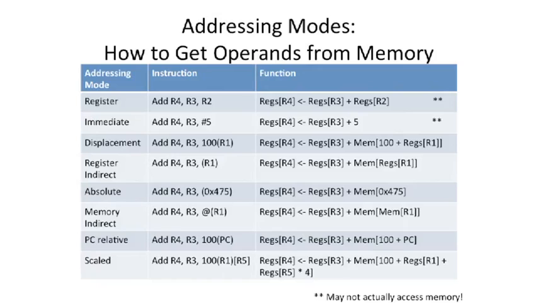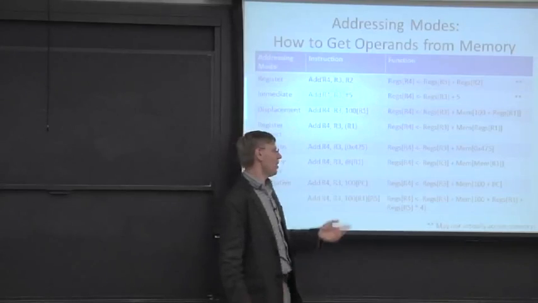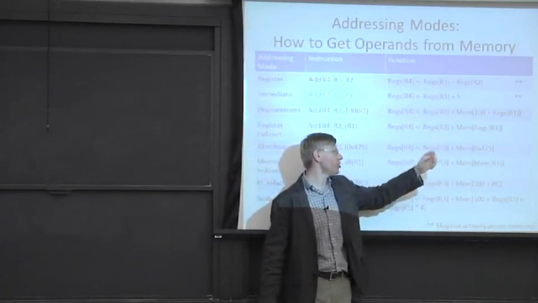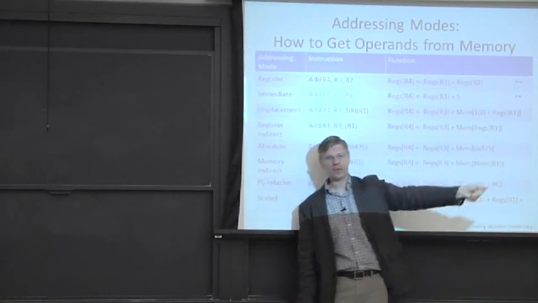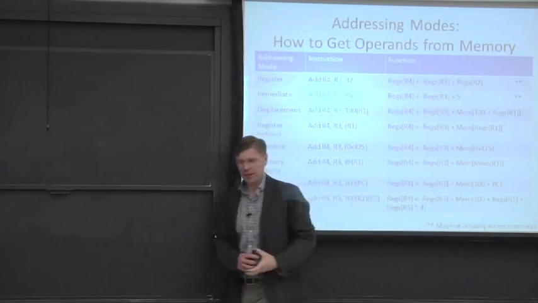You can only read from a particular memory address that's stored in a register. You can have absolute addressing. This is actually not very common on most modern day architectures, but in the older machines this was common. So you can take a constant, not out of a register, and look up in memory and then do some operation with that.